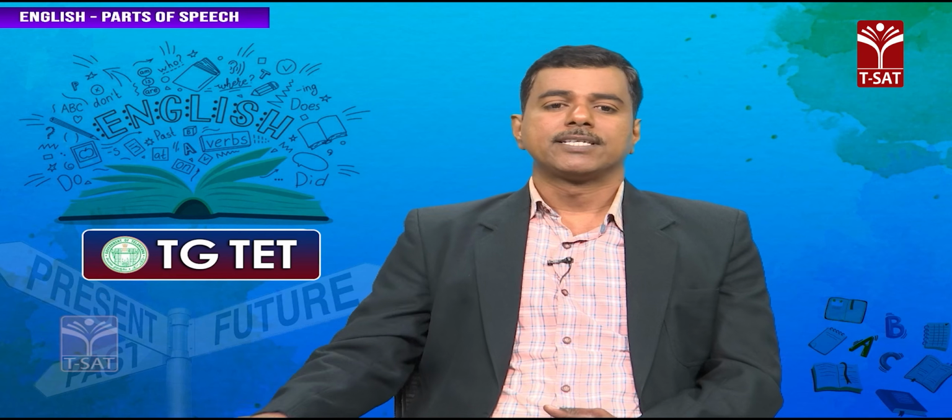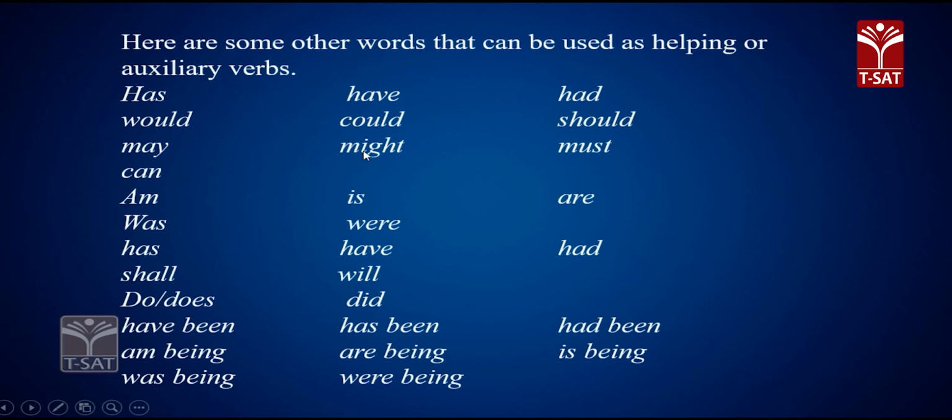Words that can be used as helping or auxiliary verbs: has, have, had, would, could, should, may, might, must. This is another category of verbs considered to be auxiliary or helping verbs. Has, have, had, would, could, should, may, might, must, can, am, is, are, was, were.